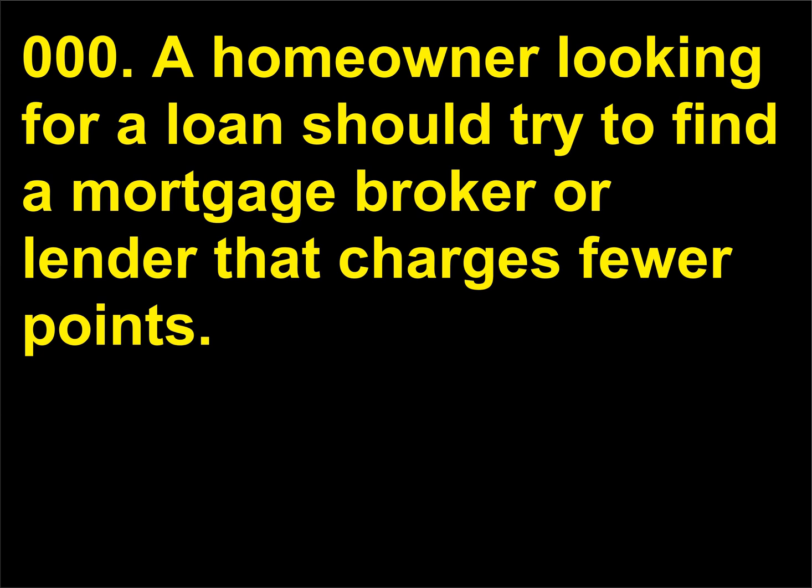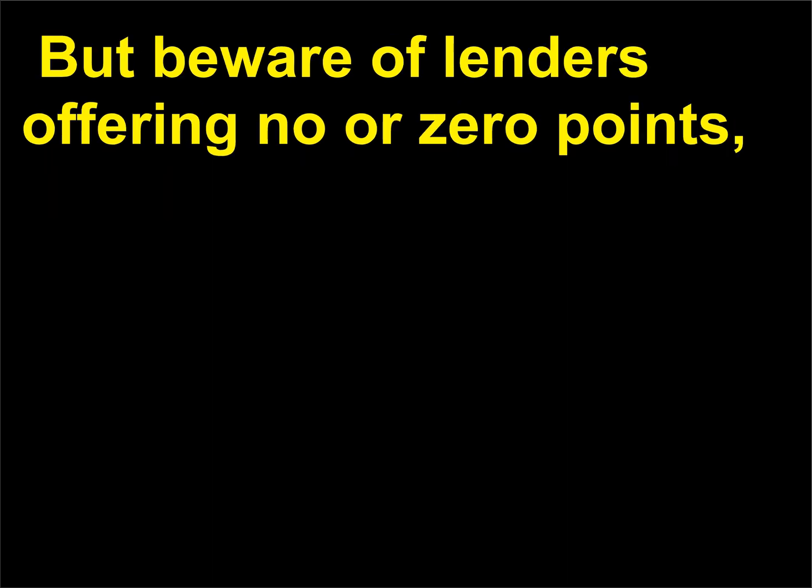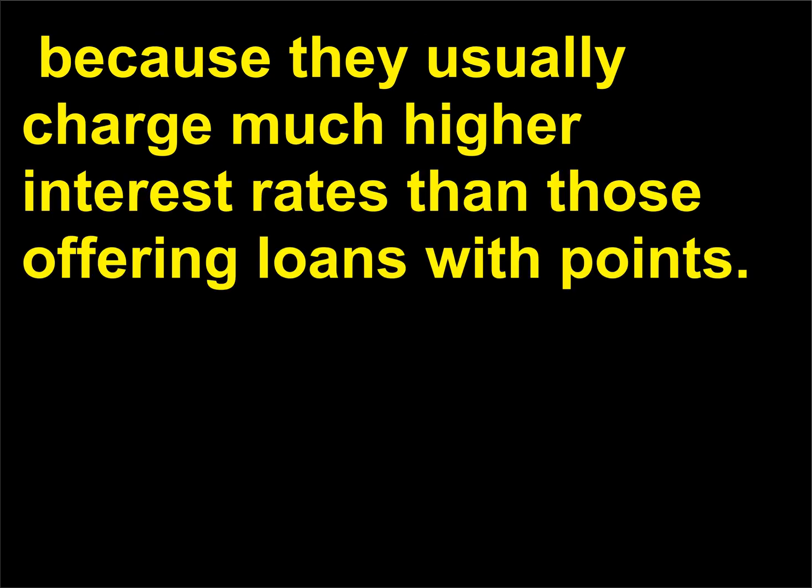A homeowner looking for a loan should try to find a mortgage broker or lender that charges fewer points. Some financial institutions might even be willing to negotiate for lower points. But beware of lenders offering no or 0 points, because they usually charge much higher interest rates than those offering loans with points.